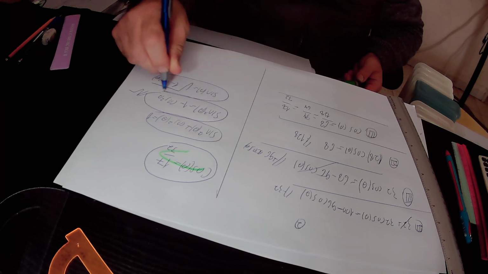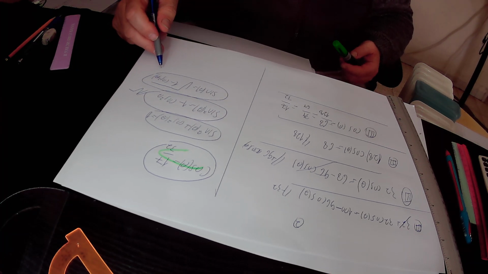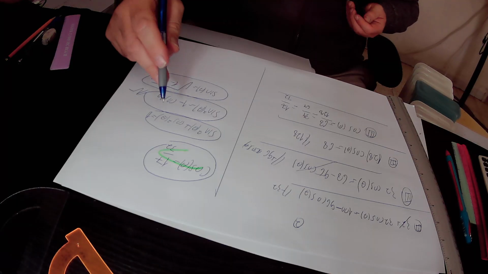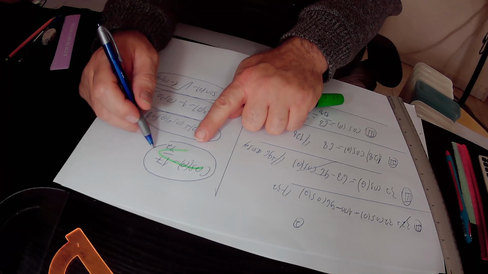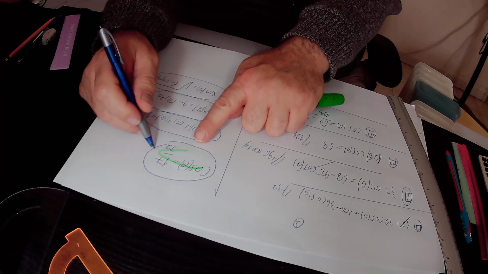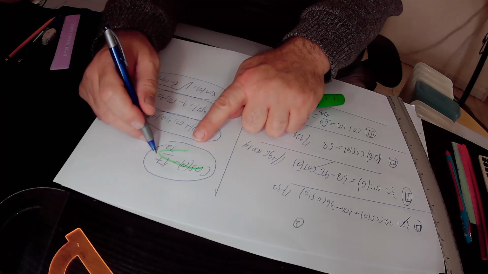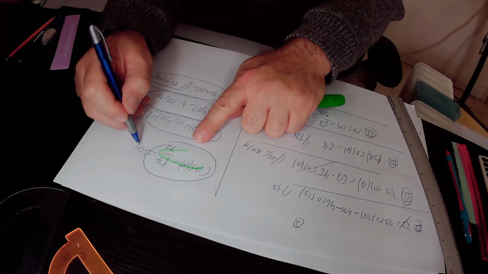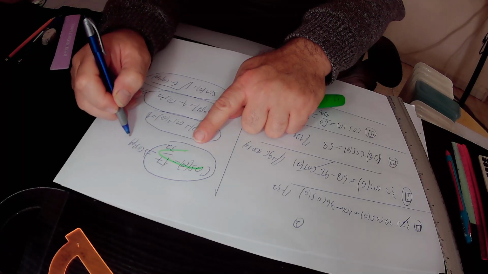So the next step, we substitute cosine squared theta in this equation by cosine squared theta from here. If cosine theta equals 17 over 32, it means that cosine squared theta must be equal to 17 over 32 squared.